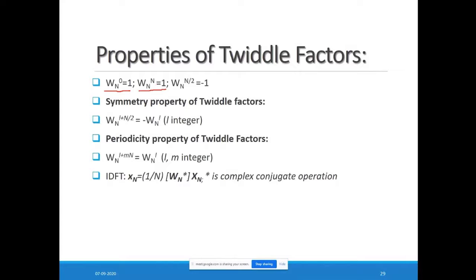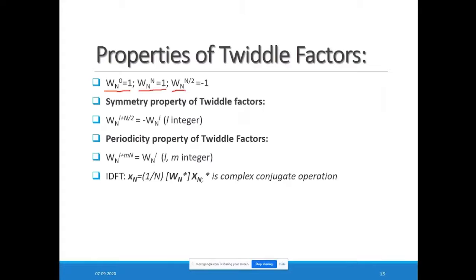Second term, omega suffix n raised to N is equal to 1 also. Now we go for the third term, omega suffix n raised to N by 2, which is nothing but our midpoint.